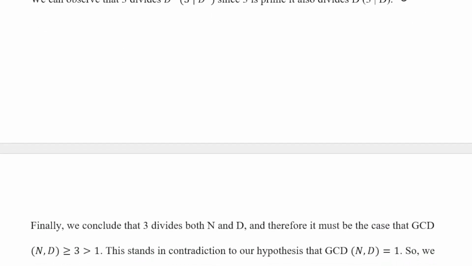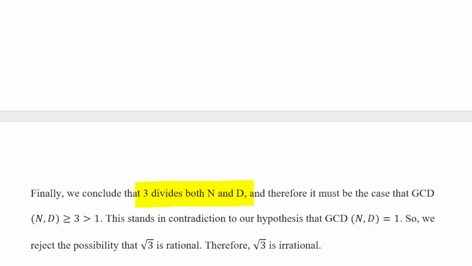With this, we conclude that 3 divides both n and d. And therefore, it must be the case that the greatest common divisor of n and d is greater than or equal to 3, which is greater than 1. This stands in contradiction to our hypothesis that the greatest common divisor of n and d is equal to 1.